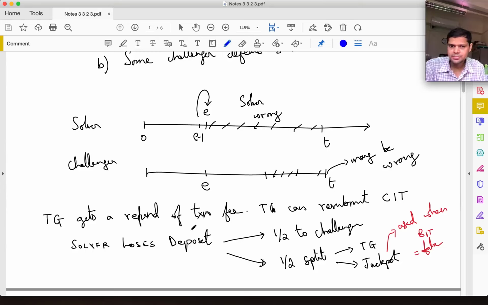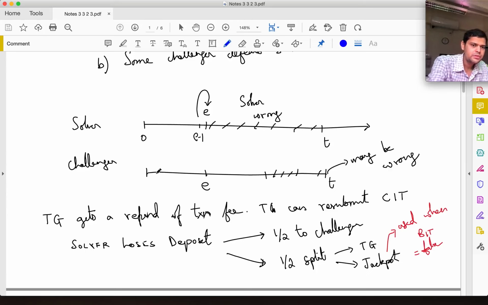This is a permissionless system, so we don't know who's the challenger and who's the solver. Then he doesn't lose anything. But this way you ensure that even if the solver is the challenger, he gets back only half his deposit, and even if he happens to be the task giver in that rare case, he won't get back 100% of what he deposited. So this is an incentive for the solver to behave himself and do the calculation correctly.